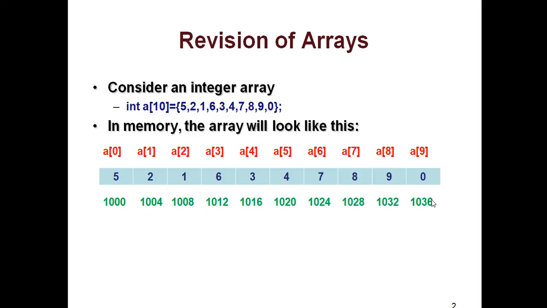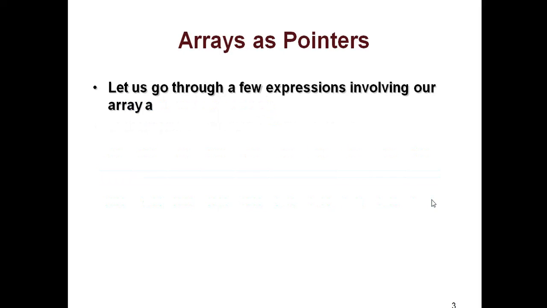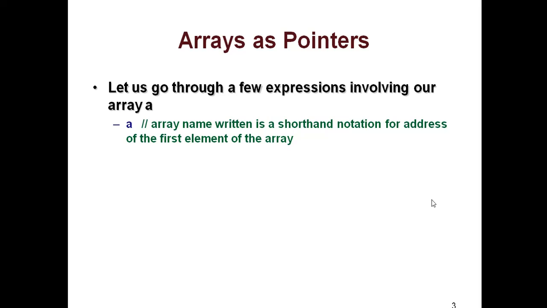Next, we will see a few expressions which involve arrays using the pointer notation. So the first expression is a, simply the array name a. So in the last slide we saw an array with name a. So when we write an expression a with the array name, so it could be anything.